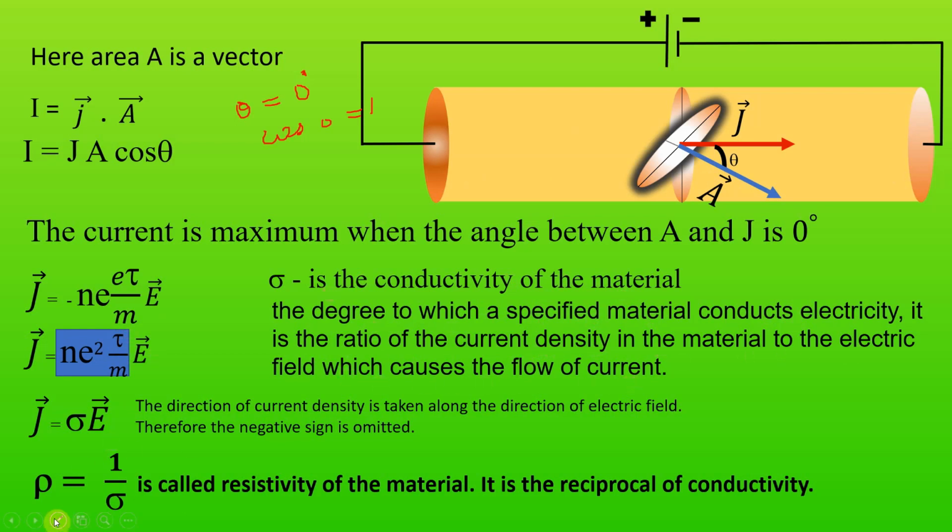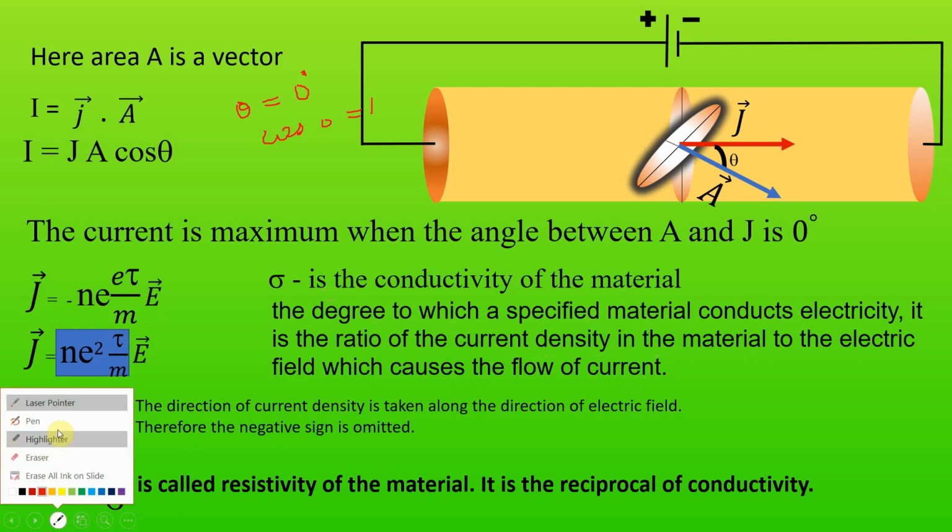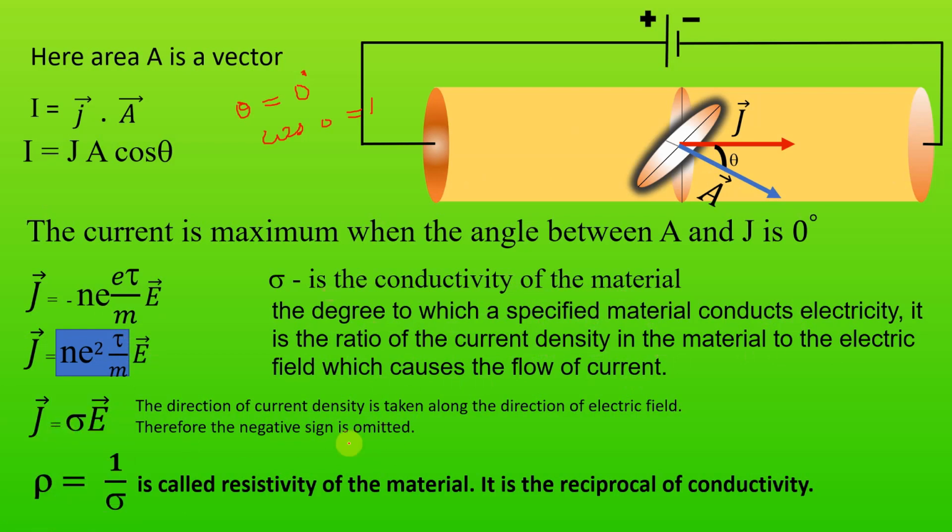I can also write sigma as J vector by E vector.